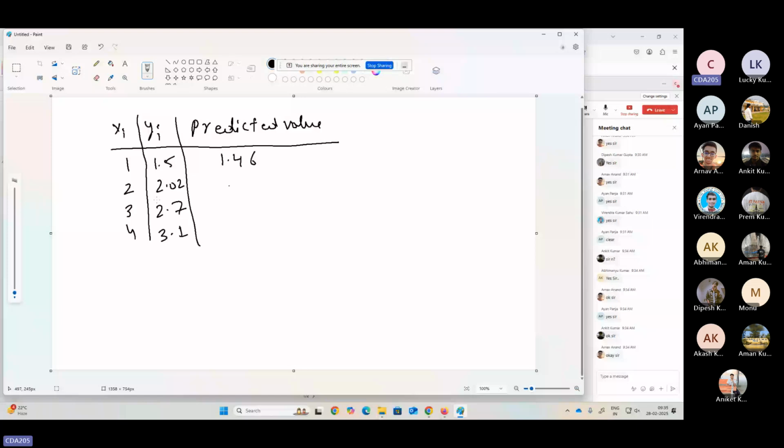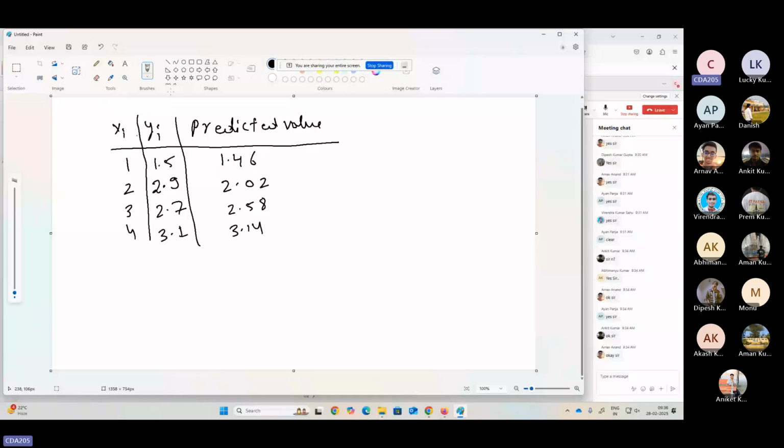This value is 0.9. Sorry, wait a minute. I will rub this and I will tell you. So this value is 2.9. This is 2.58 and this is 3.14. So the table is given.